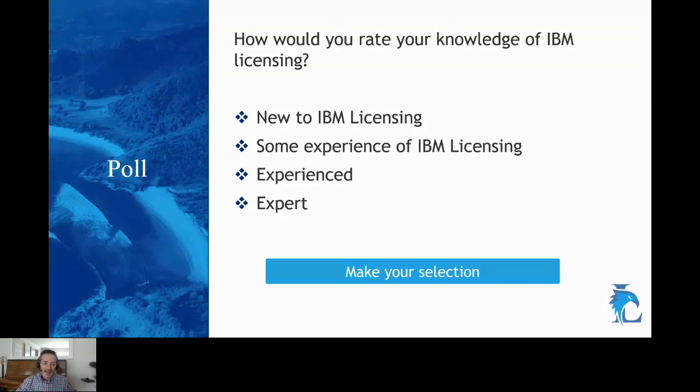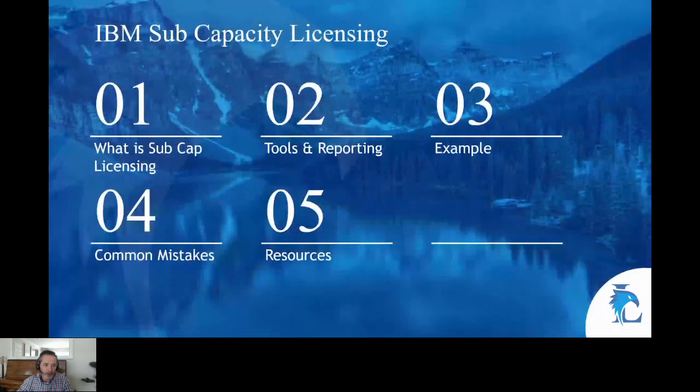So back to it. So, sub-capacity licensing. Really what we're going to cover here is, I'm going to start off with some background around the licensing. We're going to look at a little bit of agreement. Don't glaze over, it won't be too boring. We're going to have a little look at the tools and the reporting, which is probably where, when it comes to sub-capacity licensing, is critical.